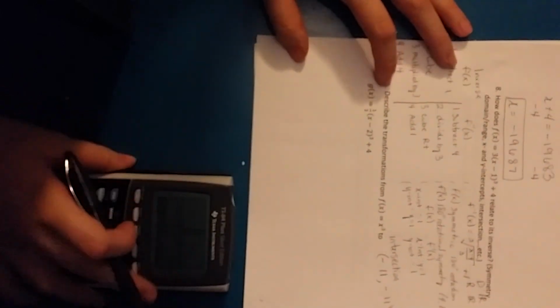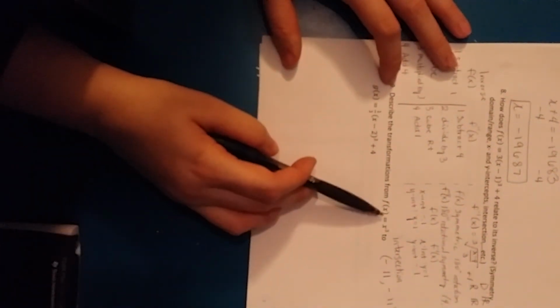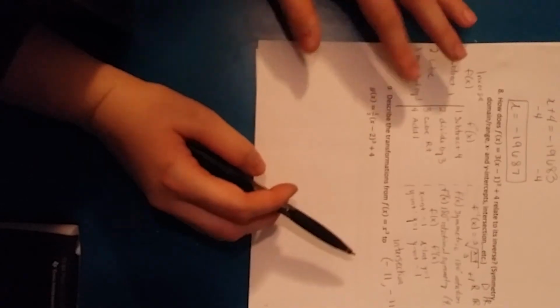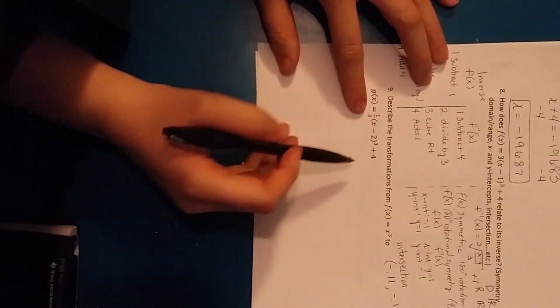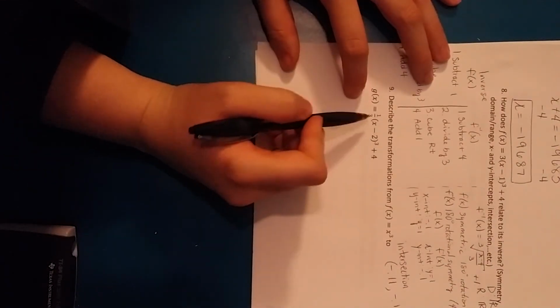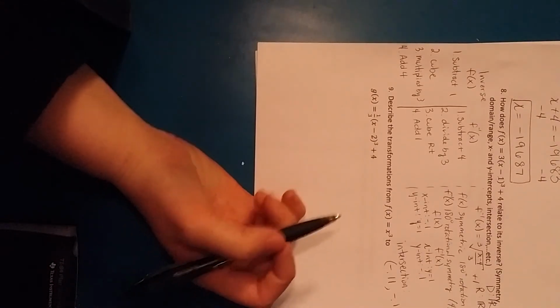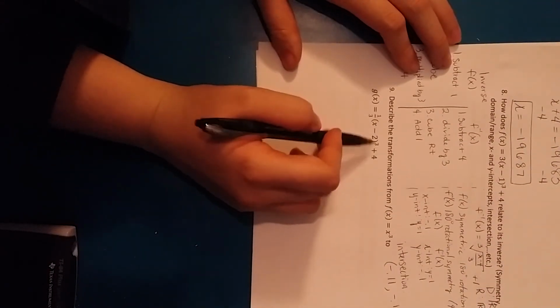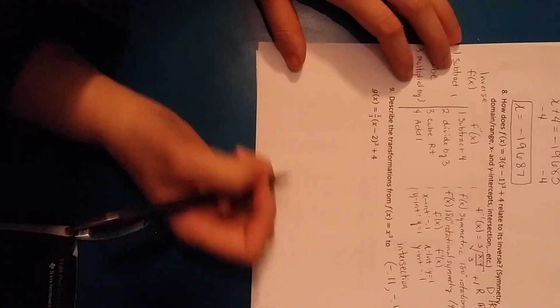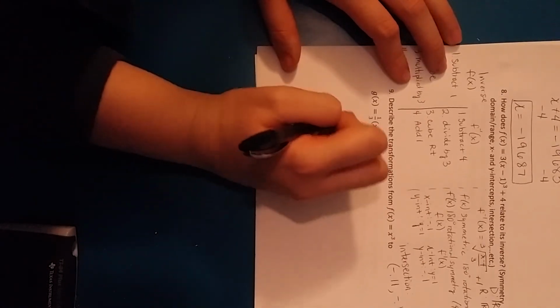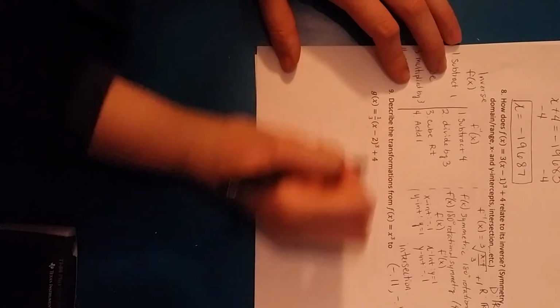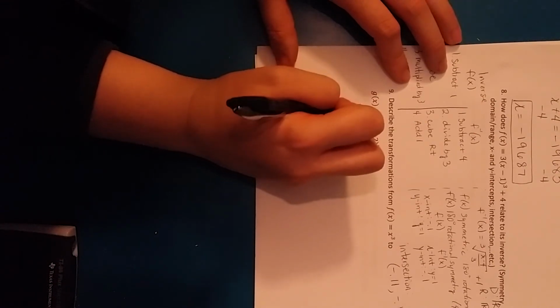Okay, so number 9 is asking for the transformations from the parent function. So I've got to look at what that 2 is doing, that 4 doing, that 1/3 doing. 2 is on the inside with x and it's being subtracted, so that means my function's being shifted to the right 2.